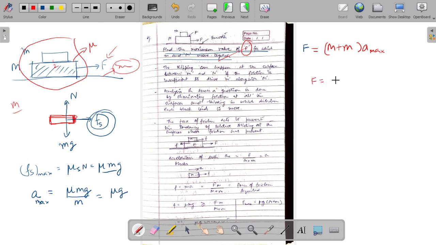So we'd say the applied force F is equal to capital M plus small m times A max, because not only the upper block, the lower block would also be having the same acceleration A. So the maximum value of acceleration which we have calculated is mu g. So this gives us the value which we are looking for, that what is the maximum value of force which can be applied on this lower block so that the blocks move together.